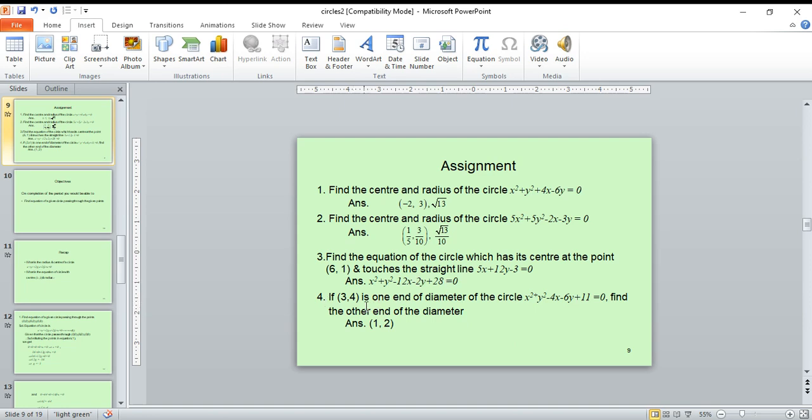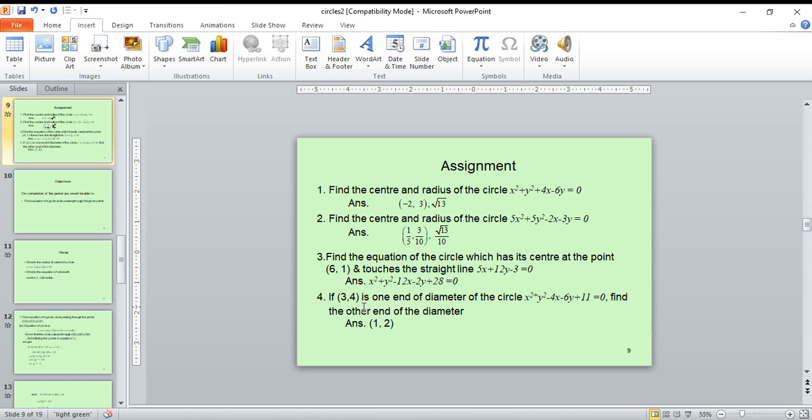If (3, 4) is one end of a diameter of the circle x square plus y square minus 4x minus 6y plus 11 equals 0, find the other end of the diameter. Let the other end be (x2, y2) and one end is (3, 4). The midpoint of the diameter is ((3 plus x2) by 2, (4 plus y2) by 2).